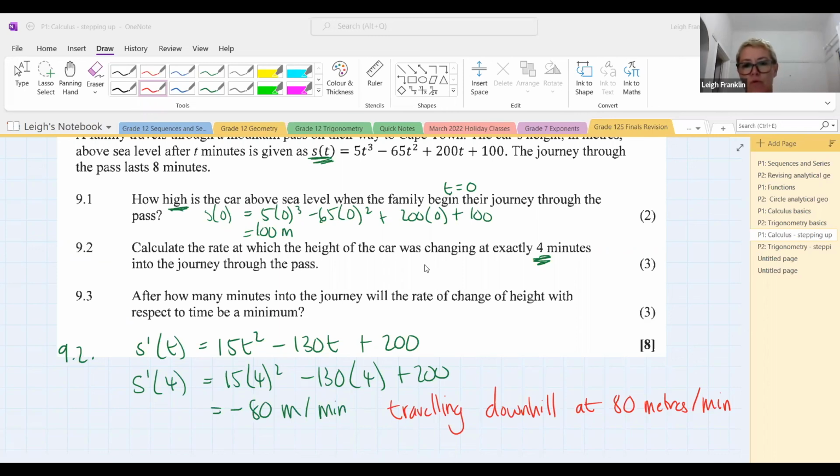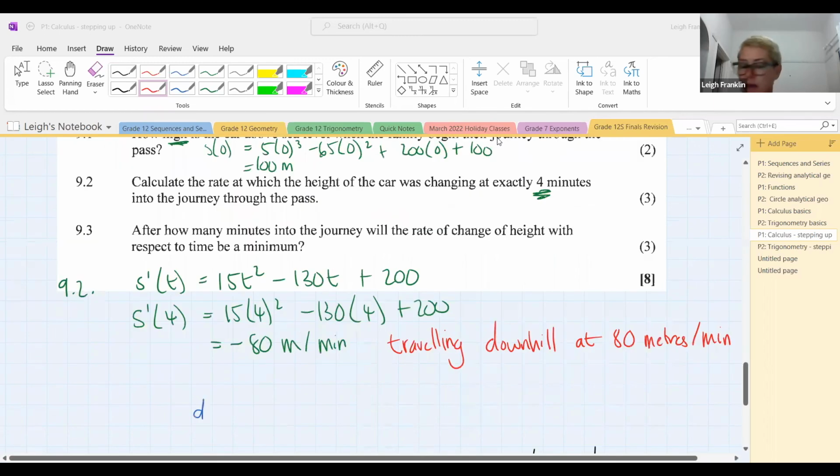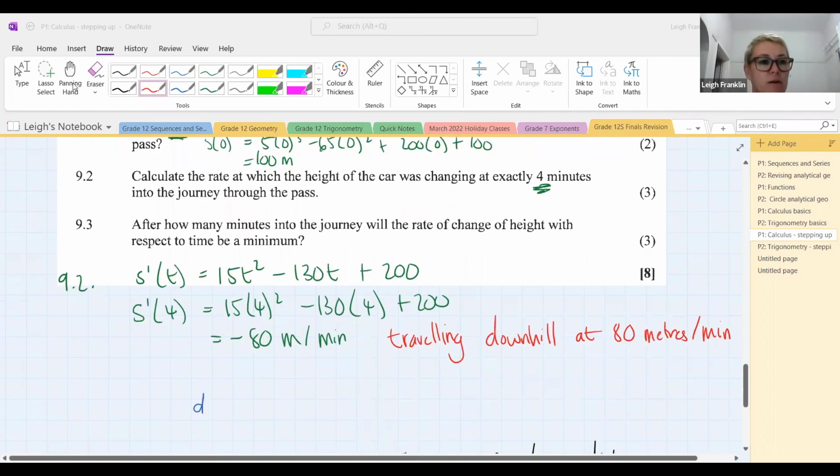The rate of change is being minimized. This means we have to use which derivative? The second derivative, exactly.